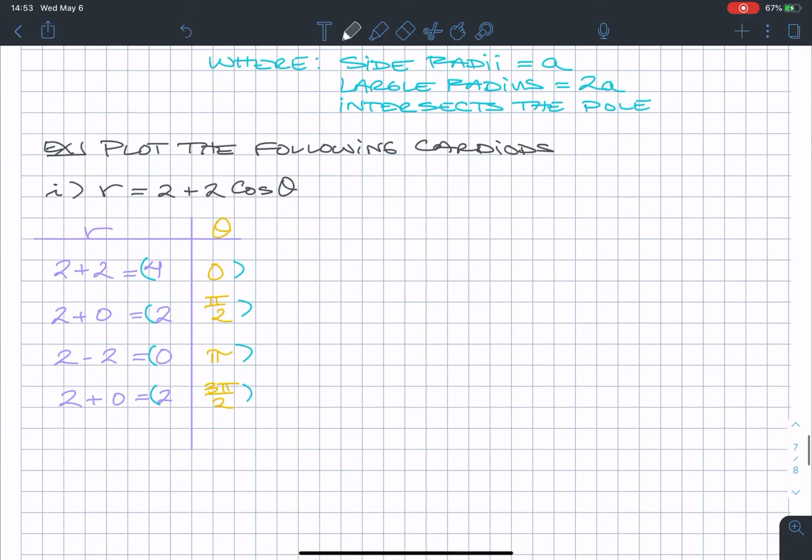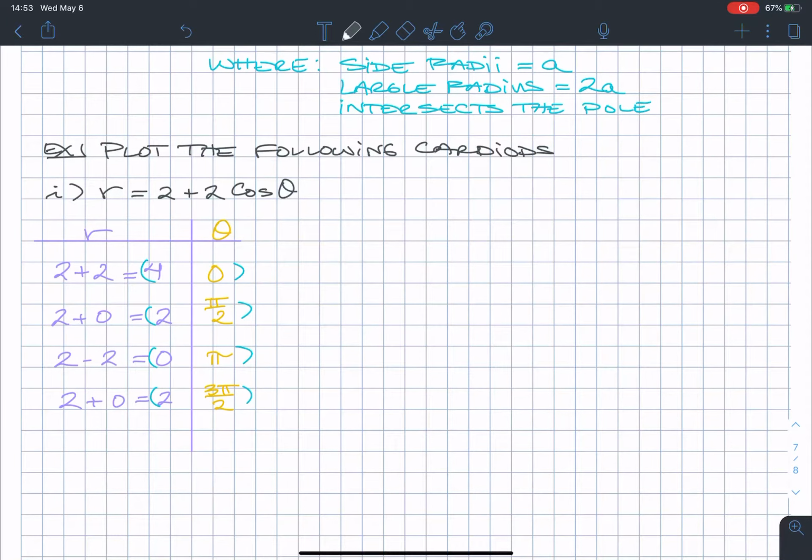Okay, so this is cosine and it's positive, so I'm assuming it's going to be oriented to the right. So I'll give myself room to the right. And I think I'll draw this a bit larger than normal. So x and y, so let's do 1, 2, 3, 4, 1, 2, 1, 2.